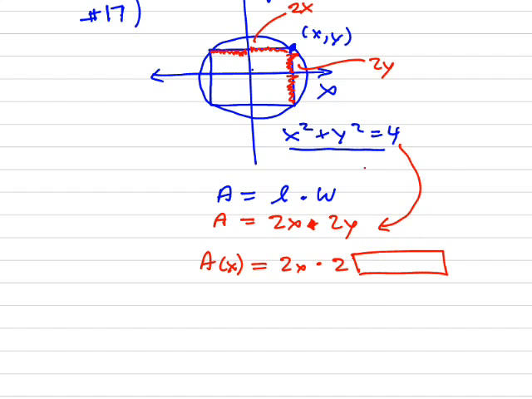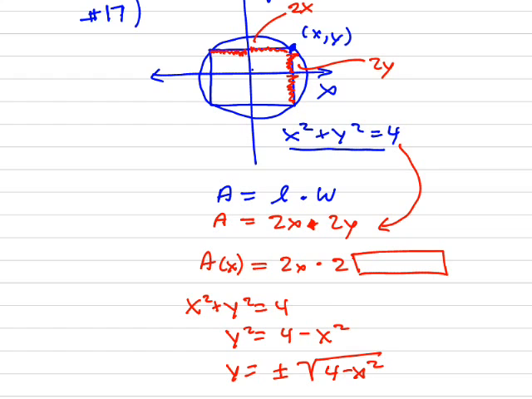And it's going to be related to this function x squared plus y squared equals 4. So let me rewrite x squared plus y squared equals 4. And since we want to substitute something in for y in the box, let's go ahead and solve for y. y squared equals 4 minus x squared. Take the square root of both sides, you get y equals plus or minus the square root of 4 minus x squared.